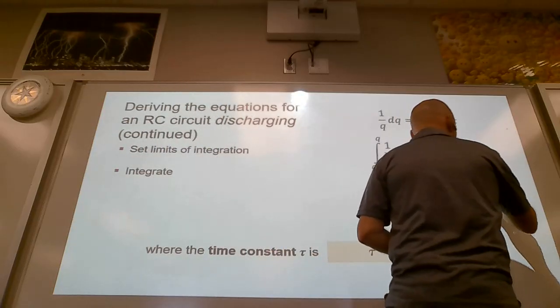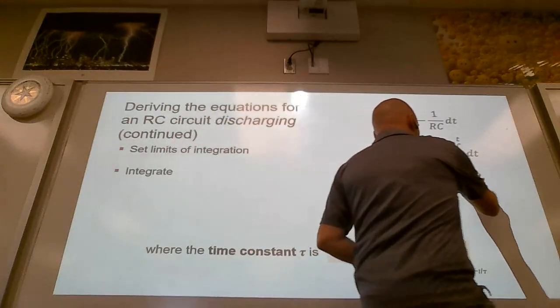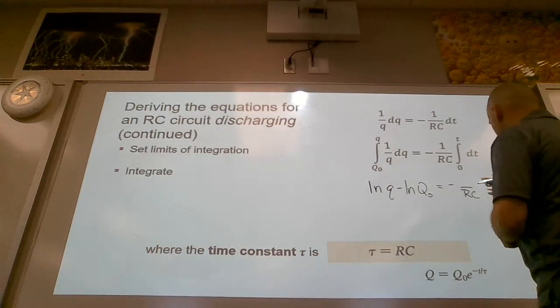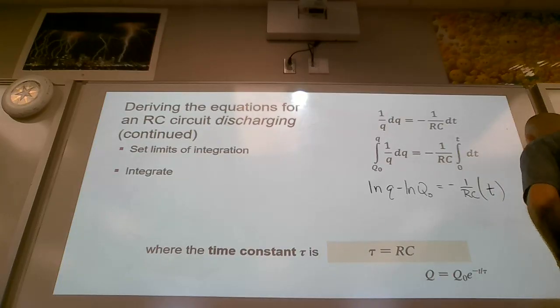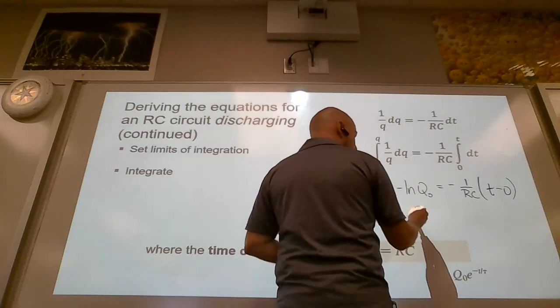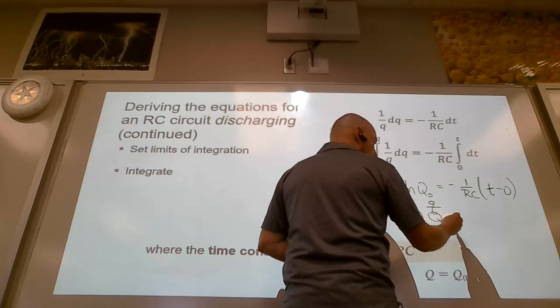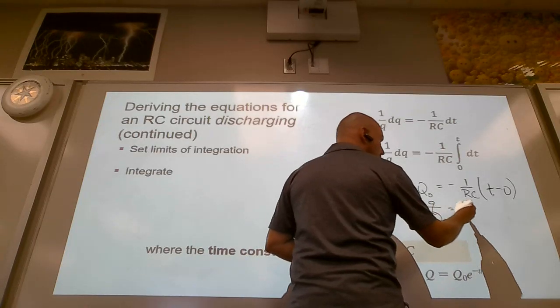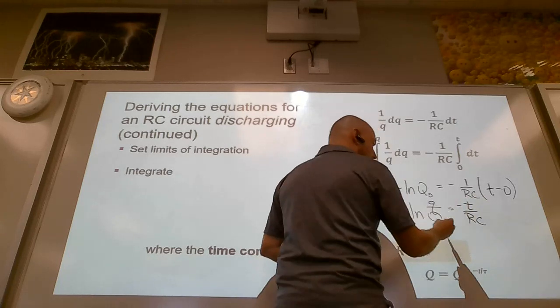Sorry, let me just do this, to teach better. Okay, so that becomes natural log of q over q naught equals negative t over RC.